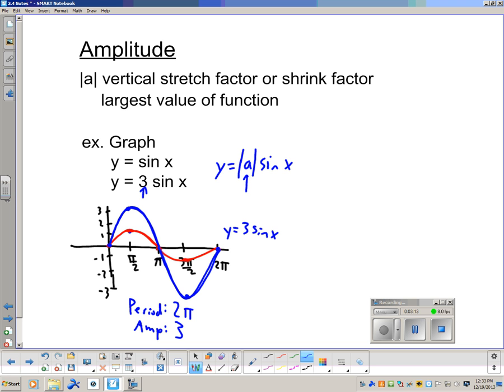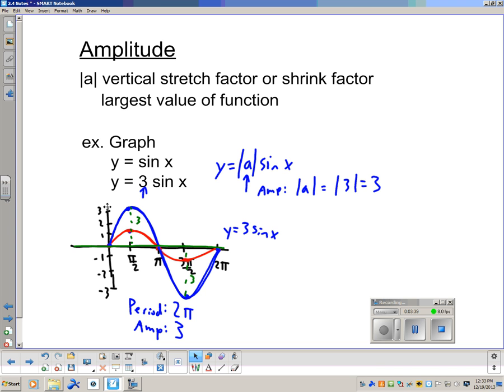So your amplitude ends up being the absolute value of a. The absolute value of 3 is 3. So my amplitude is 3. And you can also tell on your graph, if I put my nice line in here, how far am I in there? 3. What's the distance in here? 3.